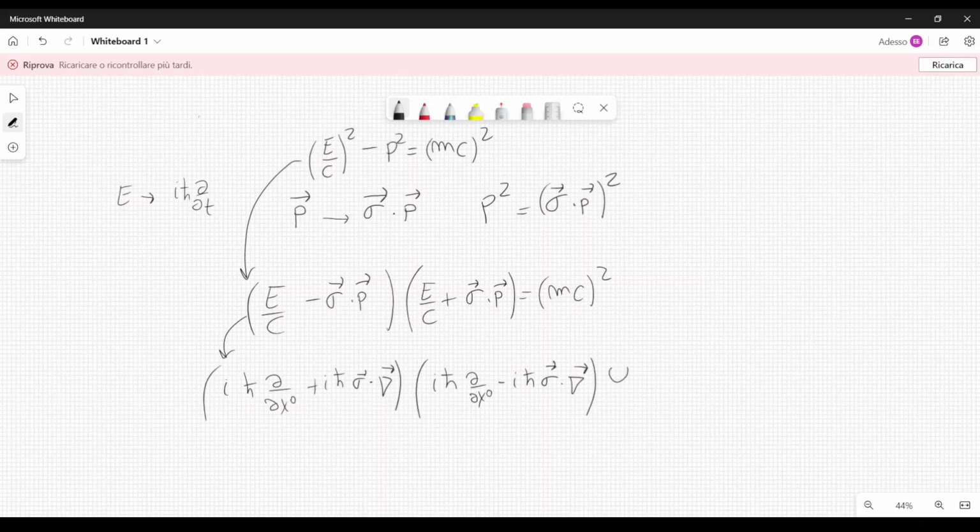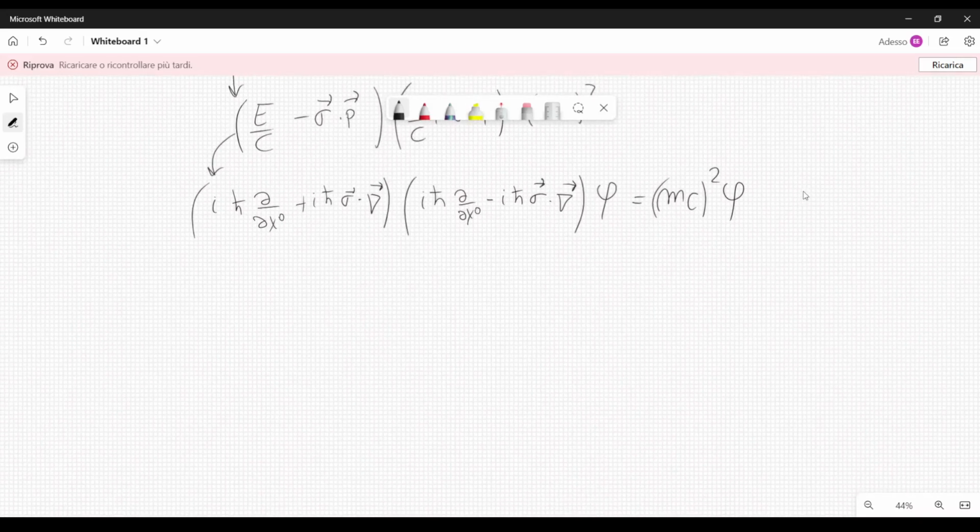And here we have to put a function, psi, which is a spinor with two components, because we have introduced sigma. And then on the right we have (mc)² times psi. Now we can reduce this equation to first order. Let's work on it.